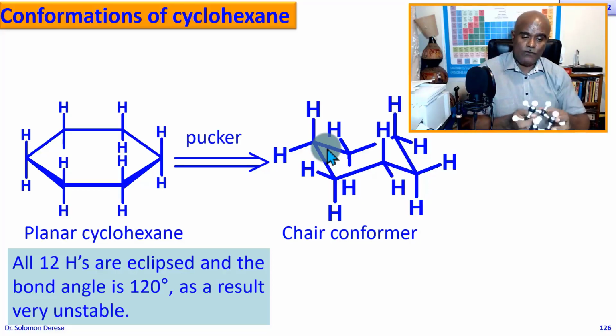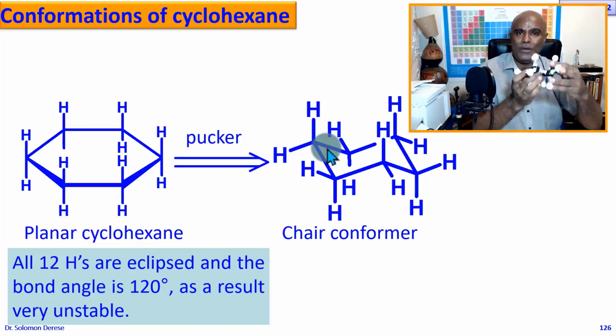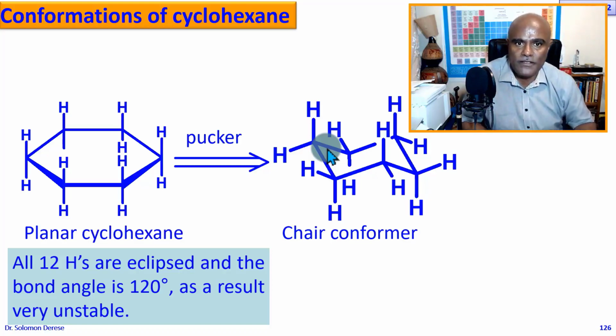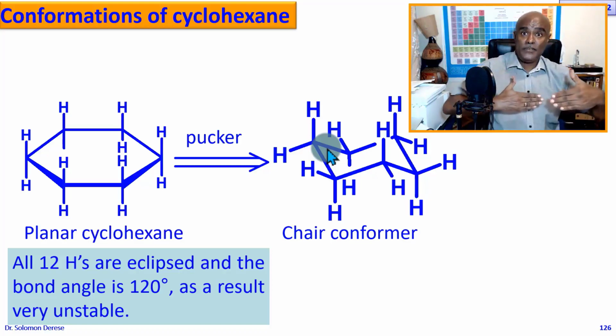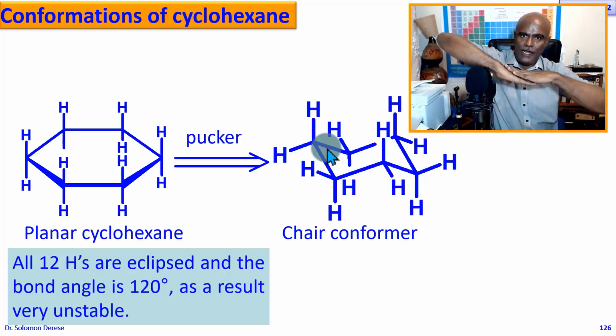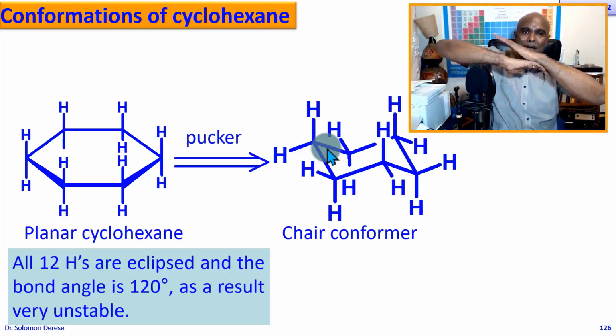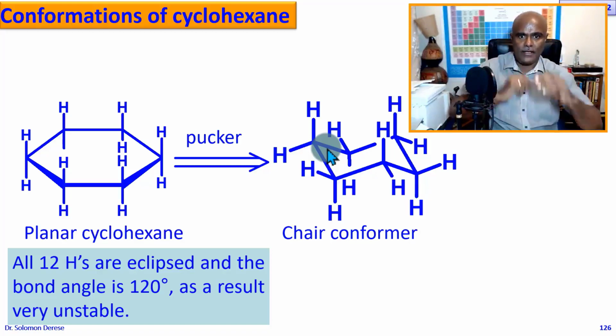So in the chair conformer, this bond angle, this one, that one, all the bond angles are 109.5 degrees. The sp3 hybridized orbitals of cyclohexane have overlapped the way they were supposed to overlap, without any bending, without expanding or compressing, with the right angle.